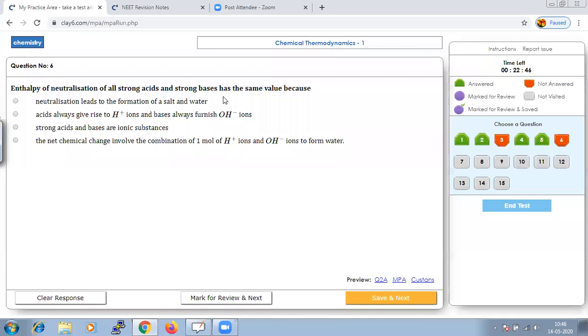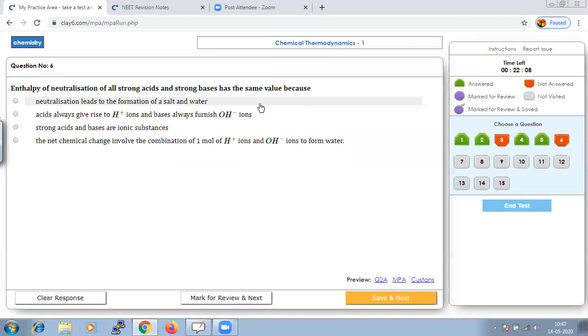We all know that the enthalpy of neutralization of strong acid and strong base will have the same value, because the net chemical change involved, whether it is 1 mole of H plus or 1 mole of OH minus, is that it is going to form water.